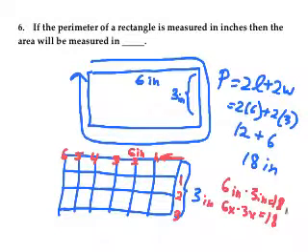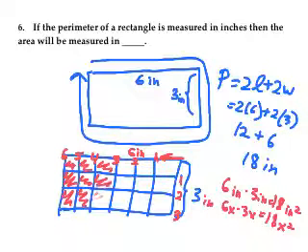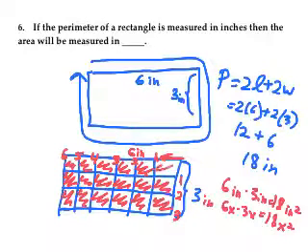Here, we get inches squared, because we get all these squares. See? 1, 2, 3, up to 18. It's the surface area. So it's square inches. Square inches describes area.